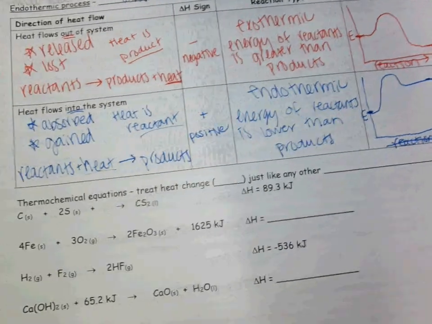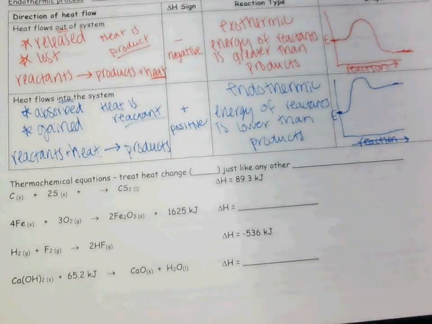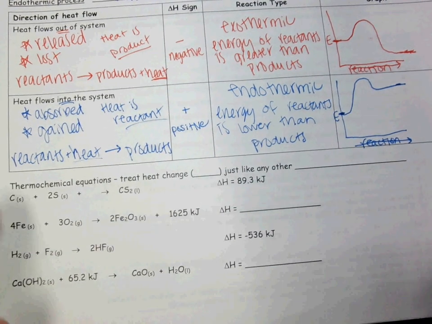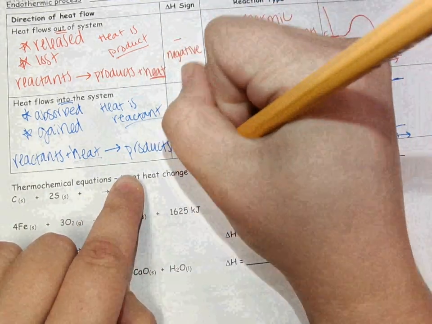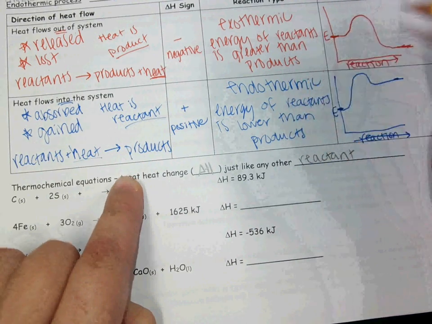And then I'll zoom that out so you can see. And then on the bottom here, it says thermochemical equations, where you will treat heat change, which is delta H, just like any other reactant or product.